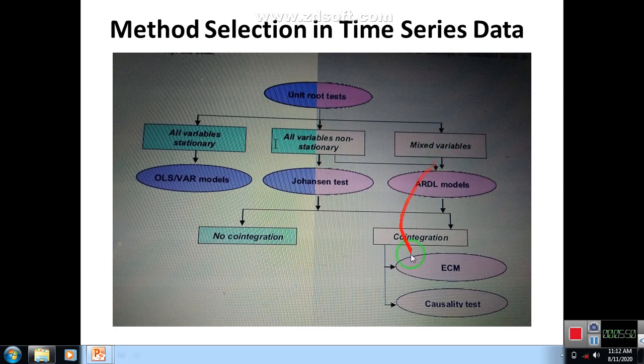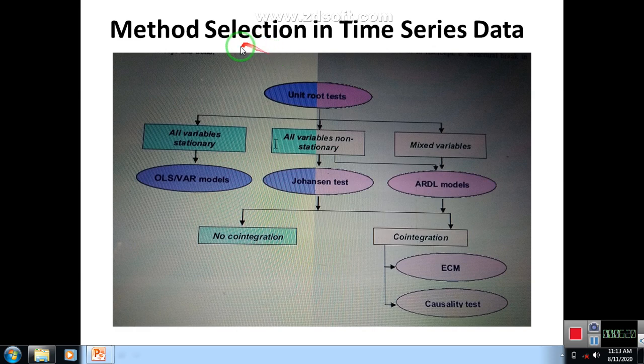This will also show whether there is a long run relationship in the model, and the error correction model will tell us the speed of adjustment towards the long run equilibrium. So this is the method selection in time series, which is an imperative and very important step while selecting the method in time series data.